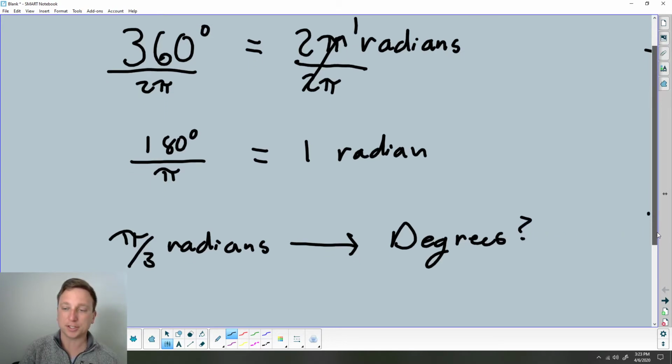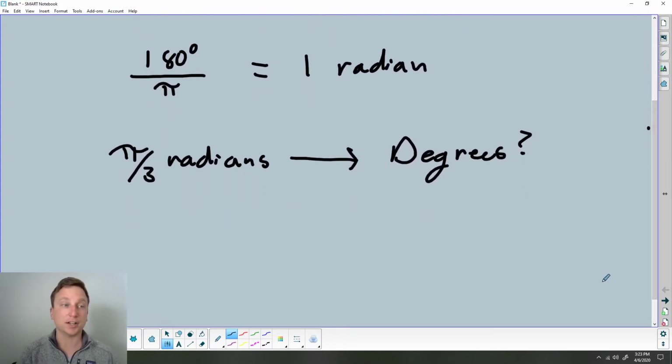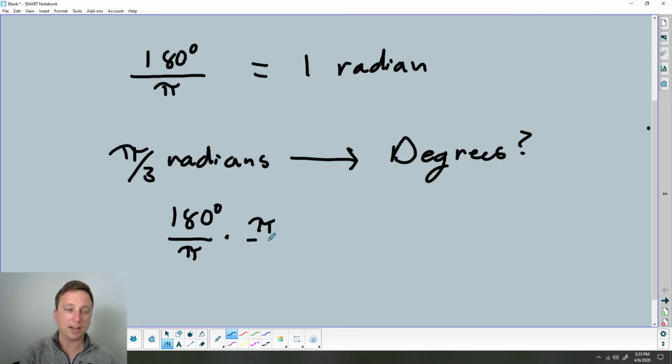So to do that, we just multiply by our conversion factor, which is 180 over pi. So I take 180 degrees over pi and multiply this by pi over 3, because that's our conversion factor. So the degrees are going to be left. This is actually radians. There's a radians in the denominator, so those will cancel or reduce. So what we can do here is we can multiply across.